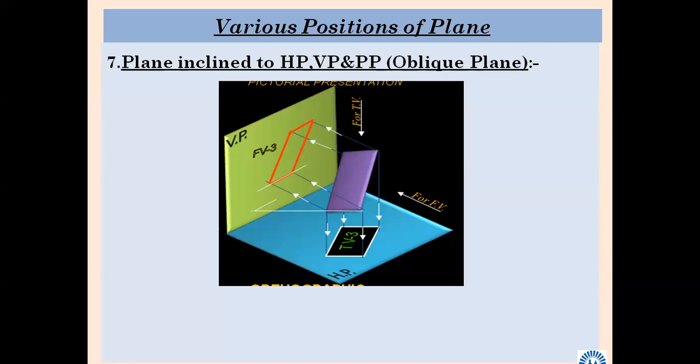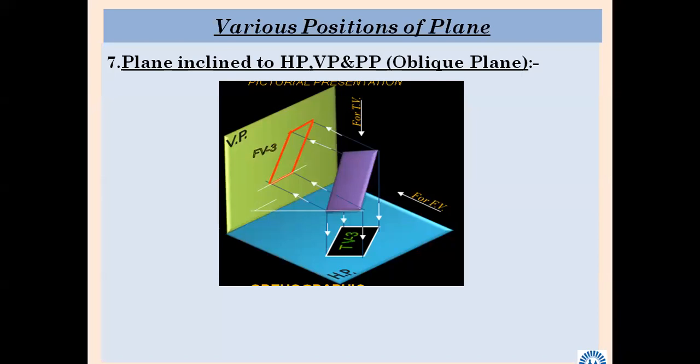Oblique line. Similarly, the plane which is inclined to all planes is called an oblique plane. It is inclined to HP, inclined to VP, inclined to PP. What will it show in the different reference planes HP, VP, PP? Edge view or line view?